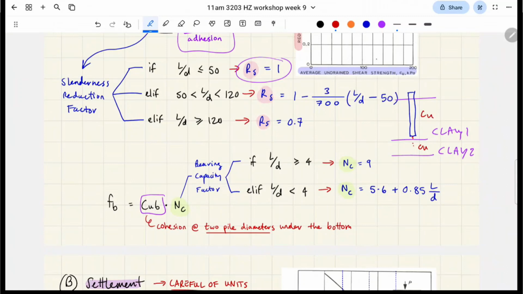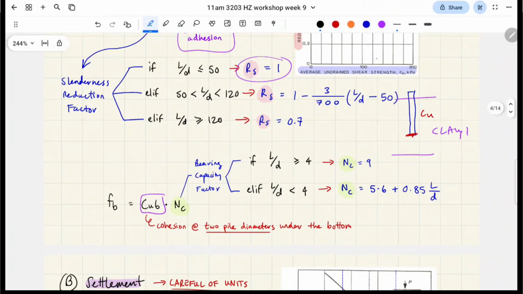So what 2 pile diameters under means is in the niche case where 2 pile diameters is a different cohesion value to the cohesion at the base of the pile, that's when you have to do something slightly different. But most of the time, it's just going to be your regular CU value that you've been using. So like, if it was like that, you just use the CU that you've been using for that.